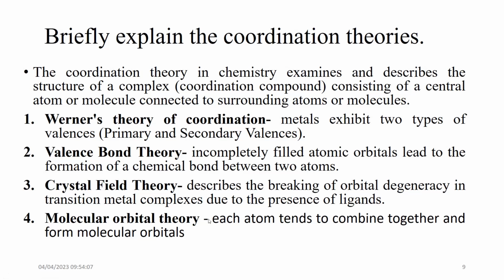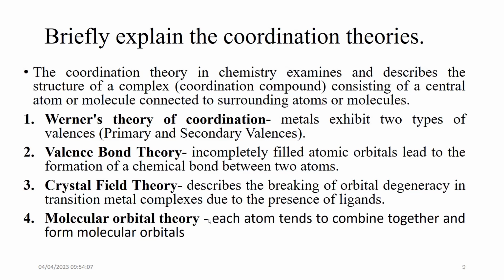Now, what is the crystal field theory? In crystal field theory, we describe the breaking of orbital degeneracy in a transition metal complex due to the presence of ligands. The important thing to understand here is degeneracy. When we talk about orbital degeneracy, we mean orbitals having the same energy level. So breaking the degeneracy means the orbitals split and have different energy levels.